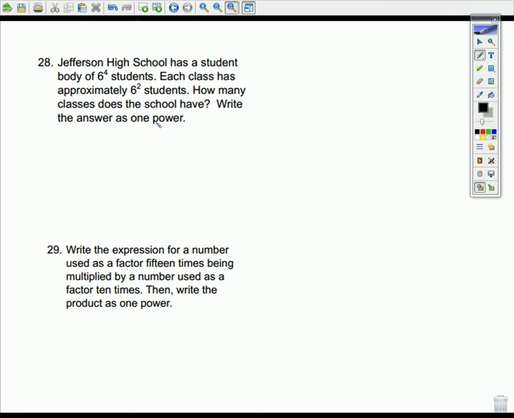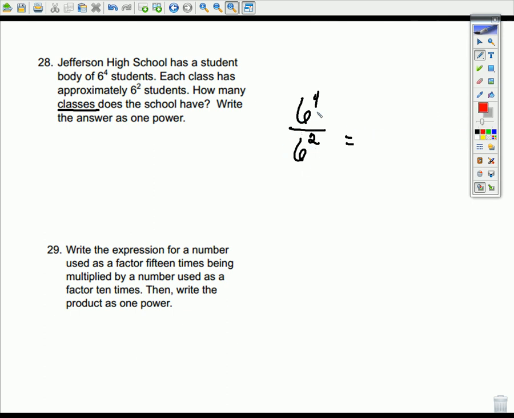Right, the answer is 1 power. So the student body, there's this many students, 6 to the 4th. Each class has 6 to the 2nd, so I'm going to divide by 6 to the 2nd. And when I divide, that's going to tell me how many classes it has. Total students divided by students per class.